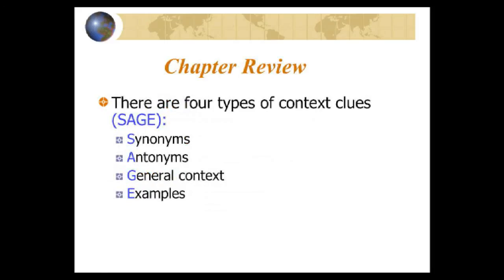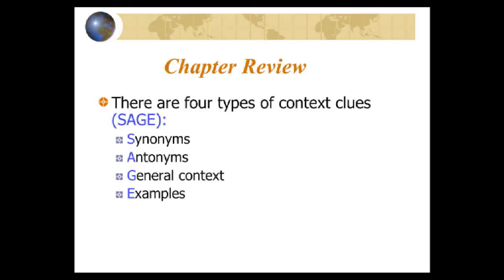And to end this first part of context clues, I take you back to the SAGE method. If you have trouble remembering the different types of context clues, you can use the acronym SAGE, and you can remember it this way. S means synonym, A means antonym, G is general context, and E is example.